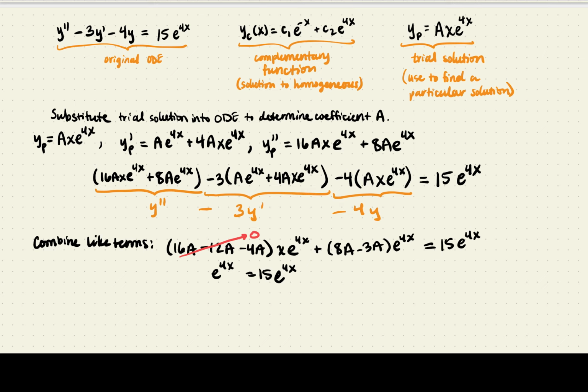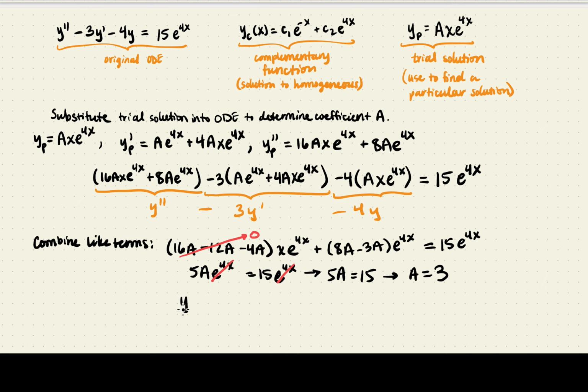Okay, now e to the 4x on both sides, that's never going to equal 0, so we can divide through, cancel those out, and we get 5a equals 15. That tells us that a needs to be 3 in order for this particular solution to satisfy the ODE.